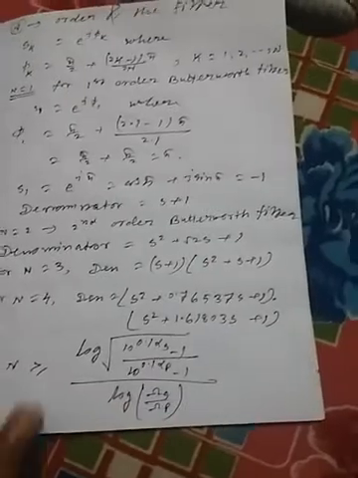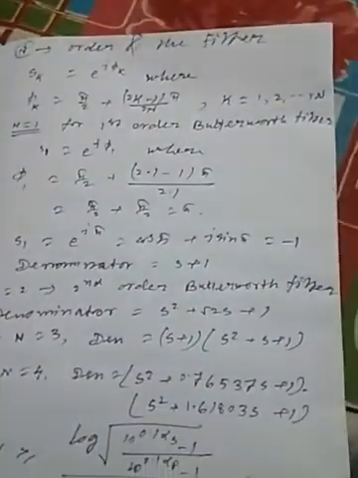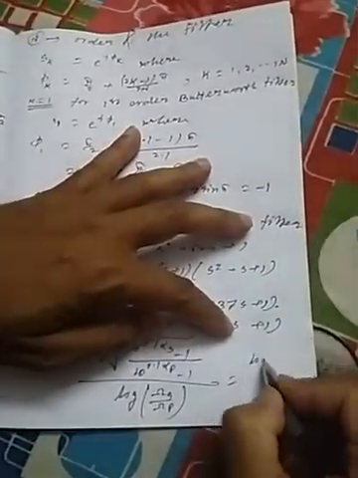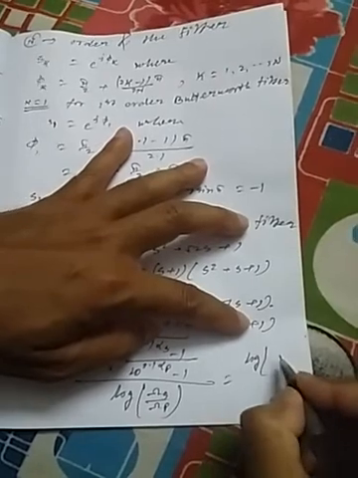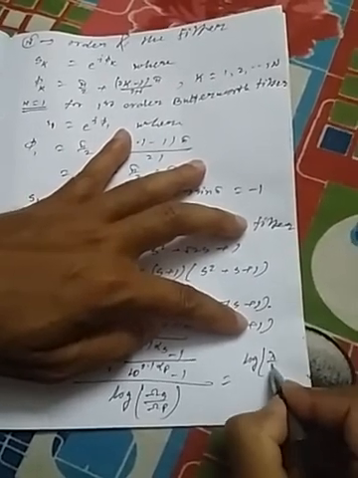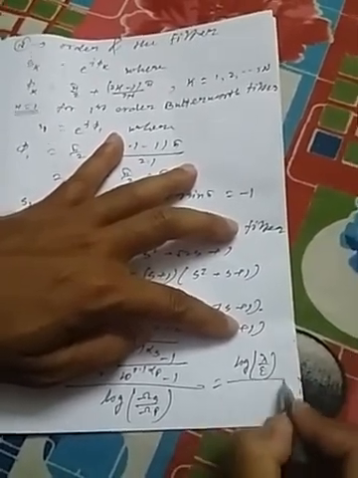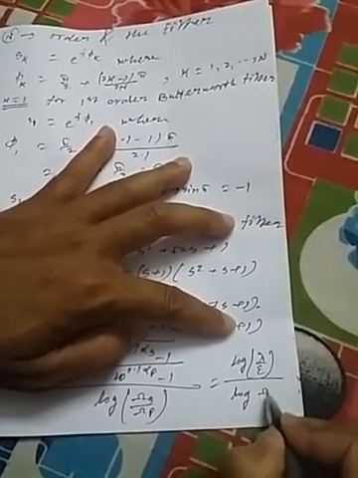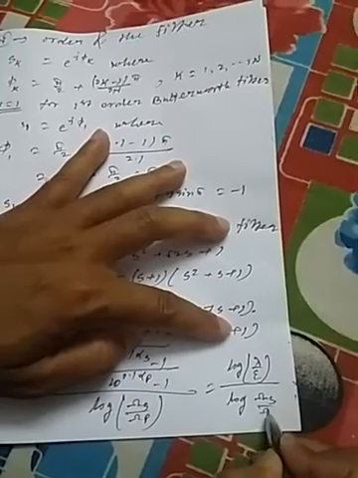Now this portion is basically expressed in a simple way by log of lambda by epsilon divided by log of omega s by omega p, right?